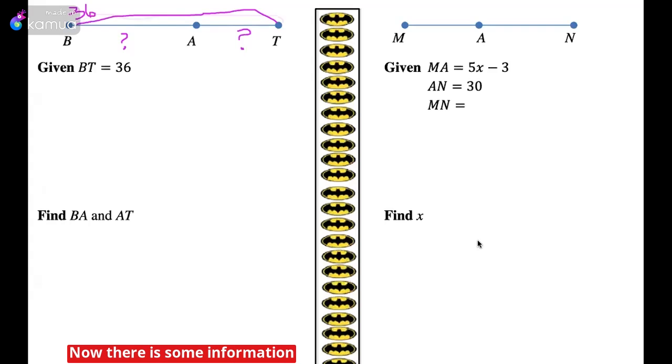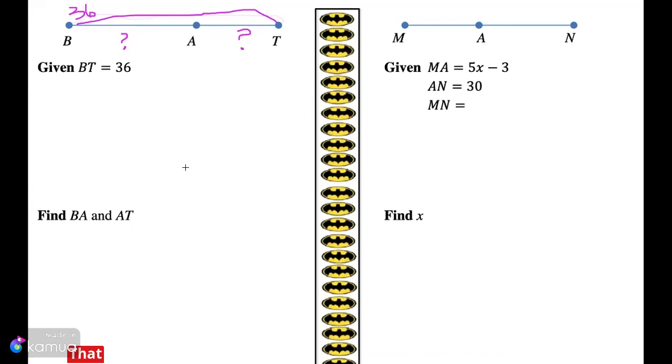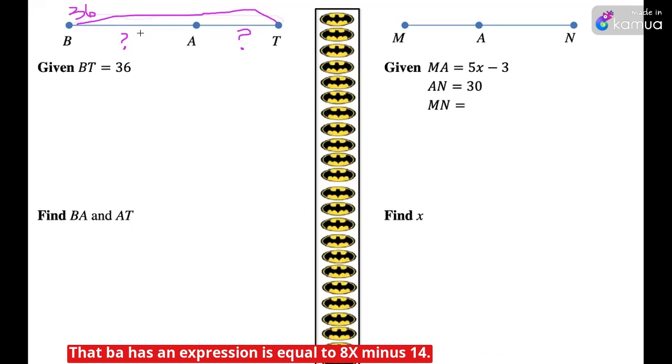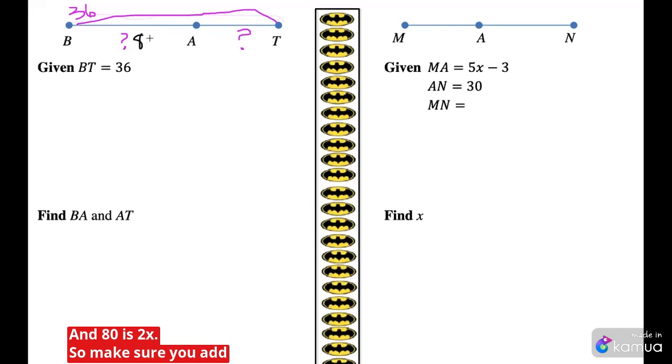Now there is some information on here that we need to add in, so make sure you put this on your notes as well. That BA has an expression, it's equal to 8x minus 14. And AT is 2x, so make sure you add that in as information.